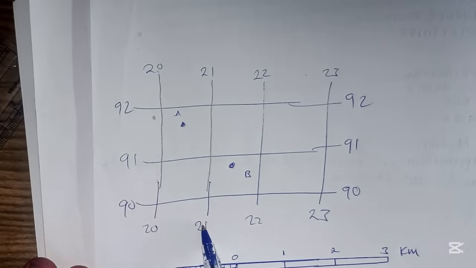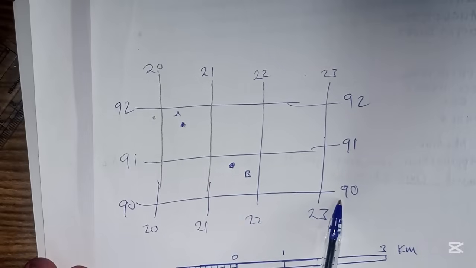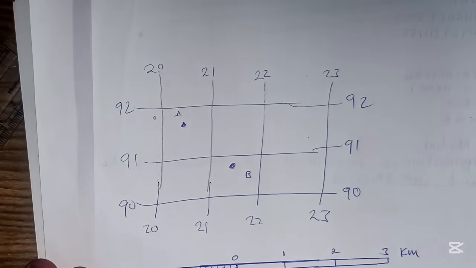We know that the easting on which point B is lying is 21, and the northing on which point B is lying is 90. Now, we've been given those 2 points. So how do you find the distance between point A and point B?